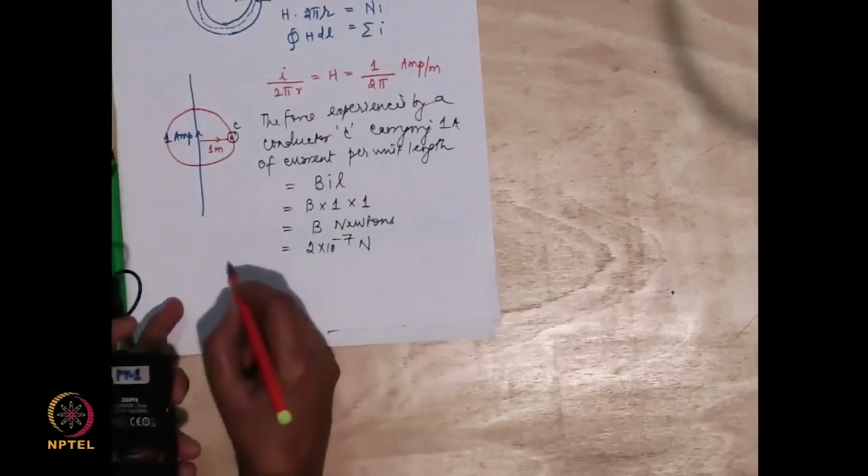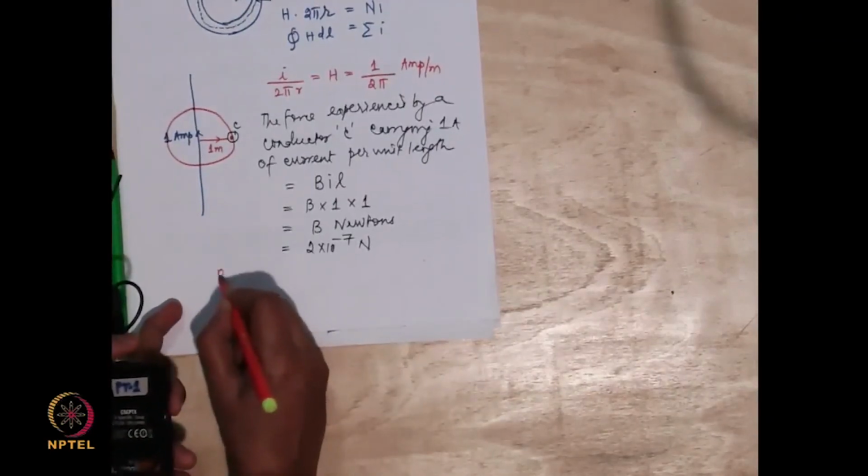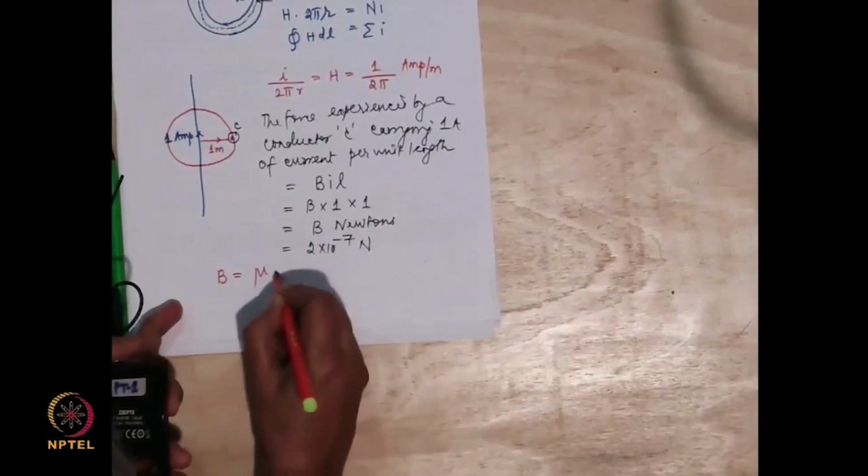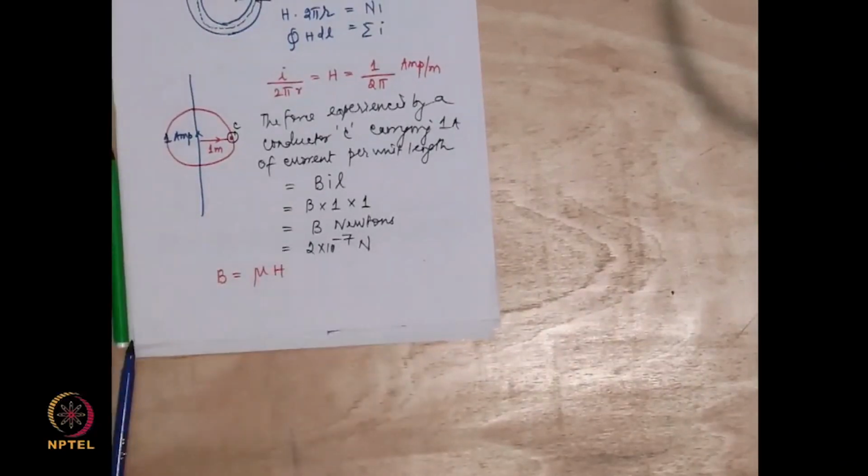But we have a relationship, if you may recall, B equal to mu times H. H is the cause, magnetic field intensity is the cause, and B is the effect. Okay? The two are related by a material property called permeability, which is mu.